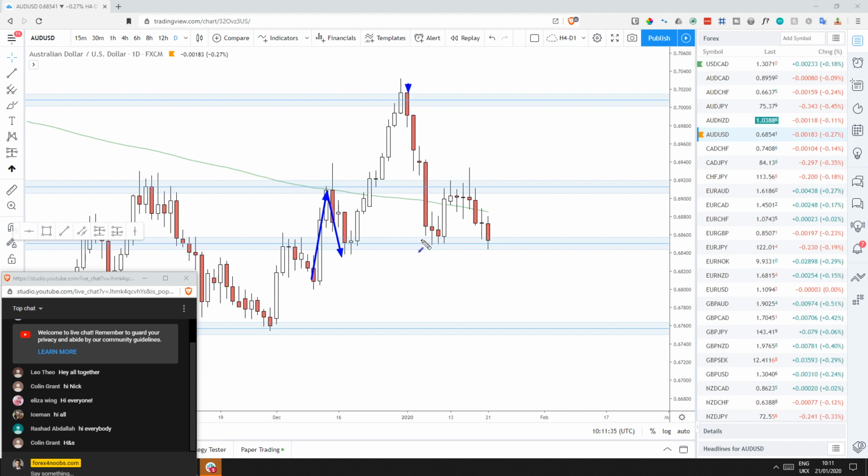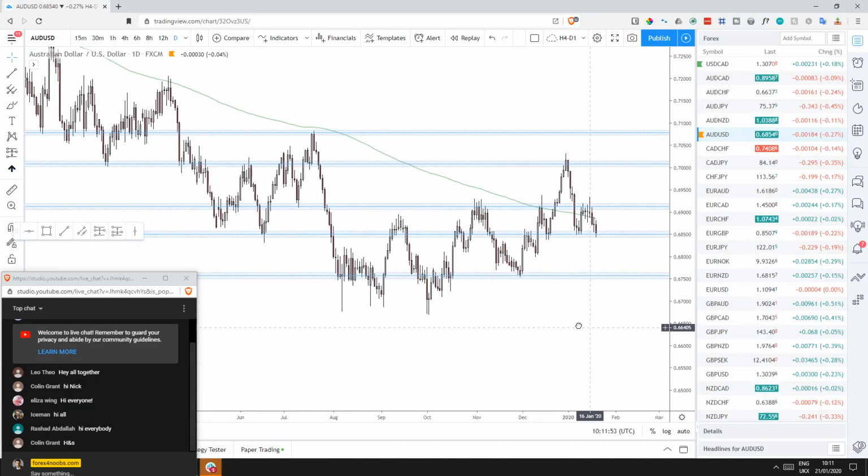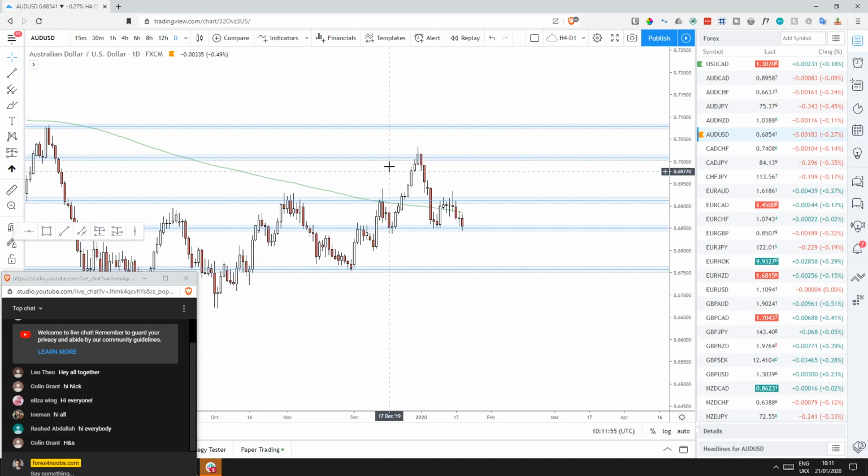Now, what we have is price breaking below the support area, that is the 200 moving average, coming back up, testing it, and then starting to continue down. Whenever you get price breaking clearly below or above the 200 moving average, it indicates a switch in the trend.